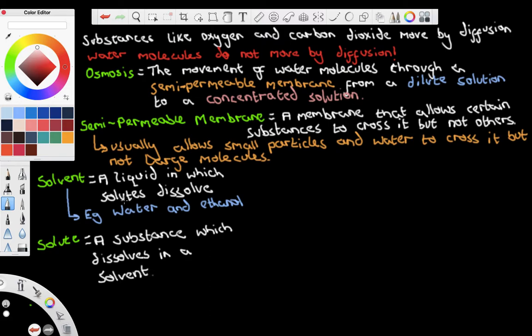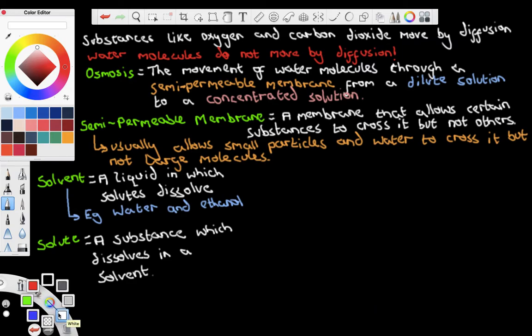So the solvent is the liquid doing the dissolving, the solute is the substance dissolved in the liquid. Now you're probably sitting there thinking, why is this important? Well, it's important so that we understand what dilute solutions are and what concentrated solutions are.